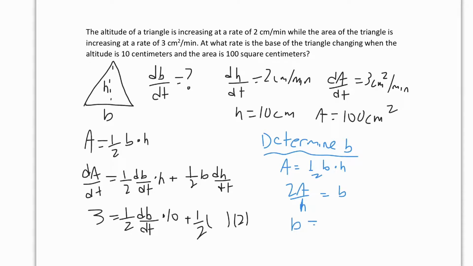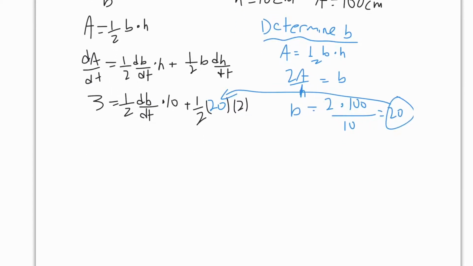So the base will be equal to 2 times the area of 100 divided by the height of 10, which gives us 20. So that's our number we're looking for here. The base is 20. Let's go ahead and finish off our problem.